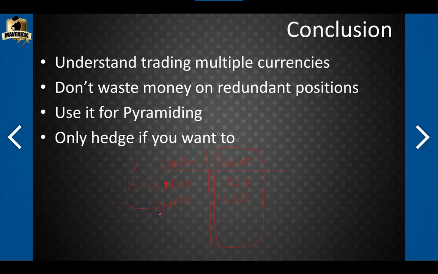Now, just to completely finish this story, I personally made both of these trades, and I was going to make a third trade. I was going to make pound dollar. That was going to be my third leg. Here's the problem: the pound never got strong. The pound never strengthened and broke out of my levels.